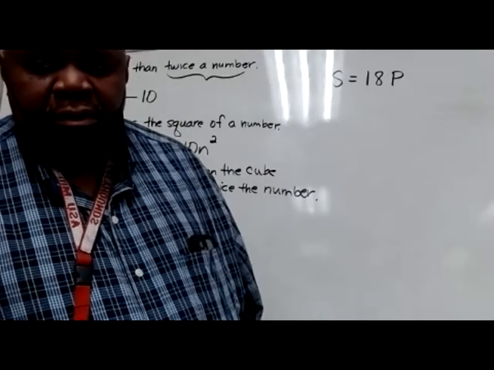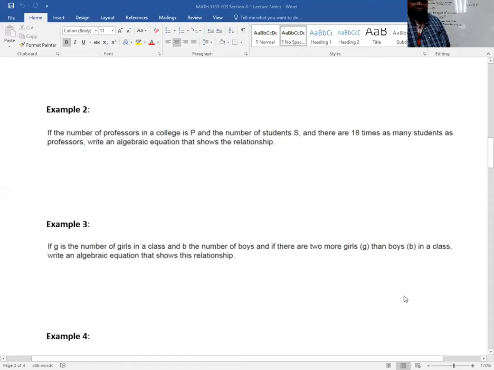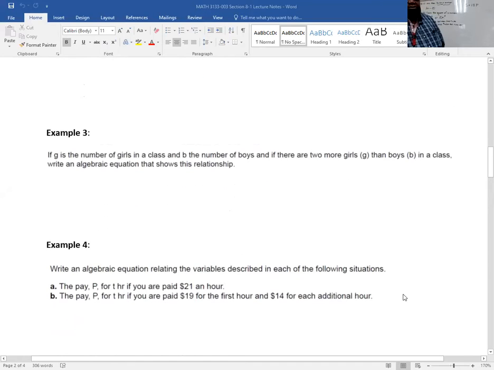Okay. All right, now in example 3, if G is the number of girls in a class and B is the number of boys, and if there are 2 more girls than boys in a class, write an algebraic equation that shows this relationship.